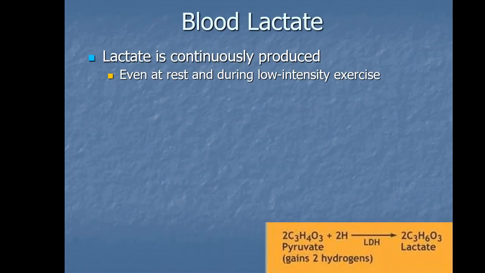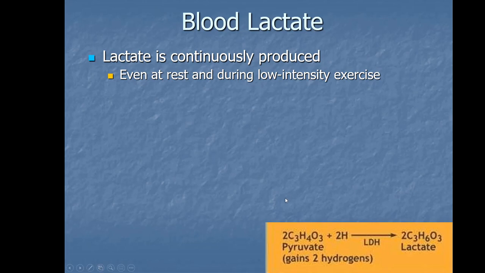So shifting our focus now to lactate. So just to make sure you remember, lactate is produced via the glycolytic pathway. So when glucose or glycogen is broken down, you get 2 molecules of pyruvate, and we said, assuming that the pyruvate that does not go to the mitochondria and is metabolized oxidatively, it is converted to lactate out in the cytoplasm.